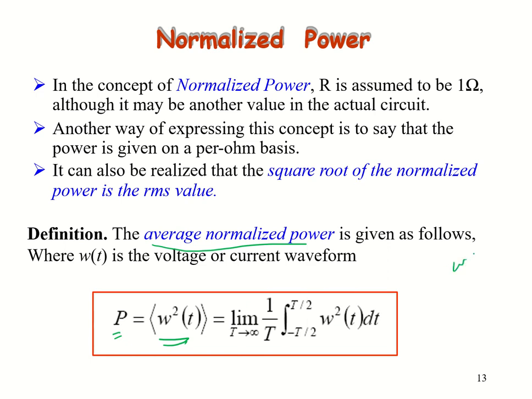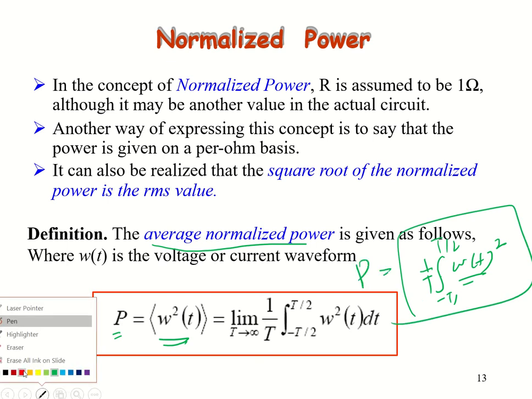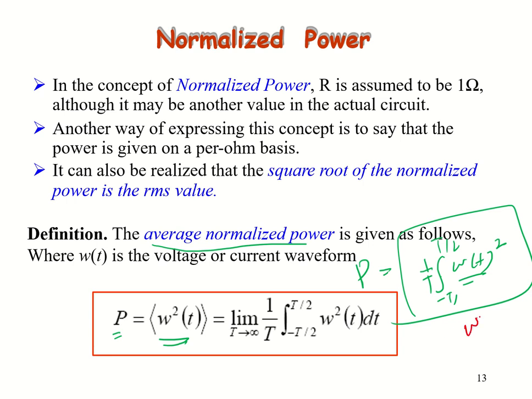Average value means take the square, integrate over one complete time period, and divide by T. That will give us power. For energy, take the square of the signal and integrate from minus infinity to infinity. That will give us the energy of that signal.